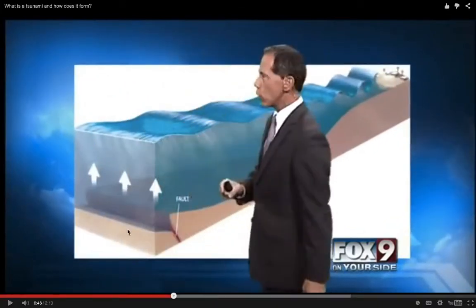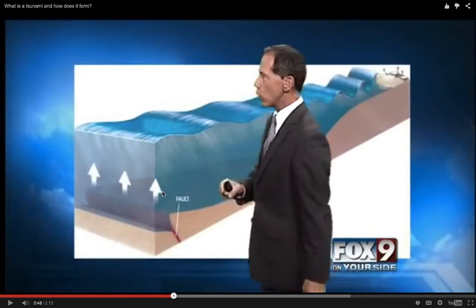So right here, see, this used to be a straight line of sand, but then the tectonic plates underneath the surface of the Earth's crust are shifting, and they're pulling and pulling until finally one cracks.